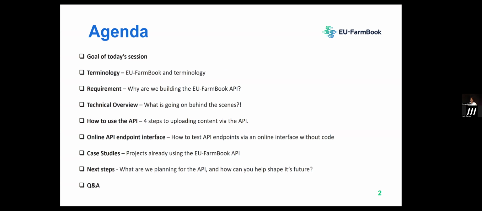If you have seen before the manual upload of the knowledge objects into the platform, API eases your work very much. So how it does that through the online API endpoints, which I will show you in the web browser as well as in a programmatic way. And then we will take a look at some of the case studies and what are the next steps that we are planning to do, and how your feedback can help us improve our API.